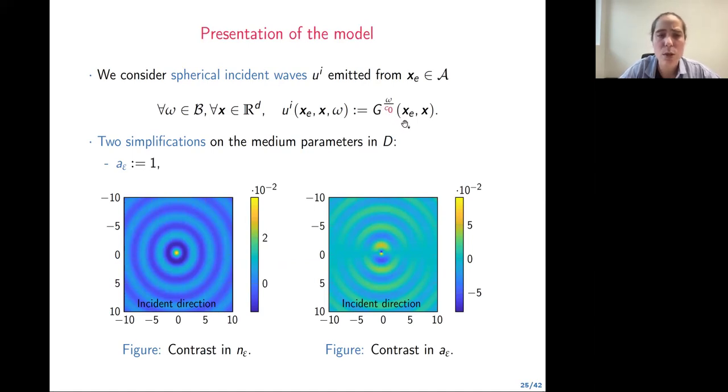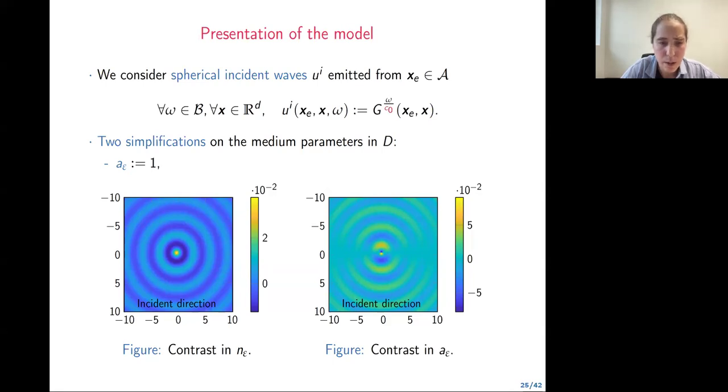We did two simplifications compared to what was happening in the forward problem. The first simplification is that we consider that A epsilon is 1, so we don't take any contrast in the divergence for the scatterer.